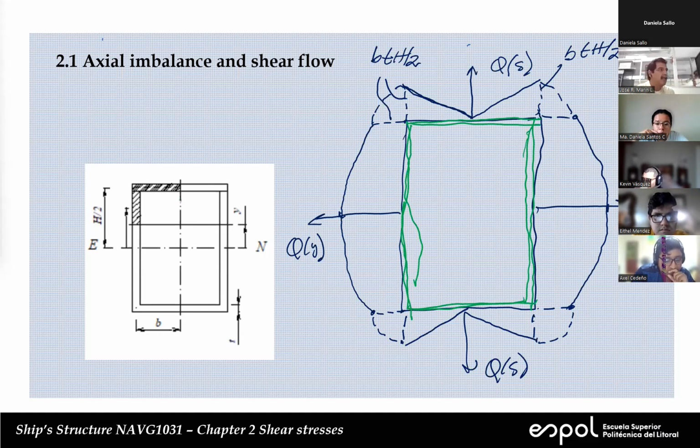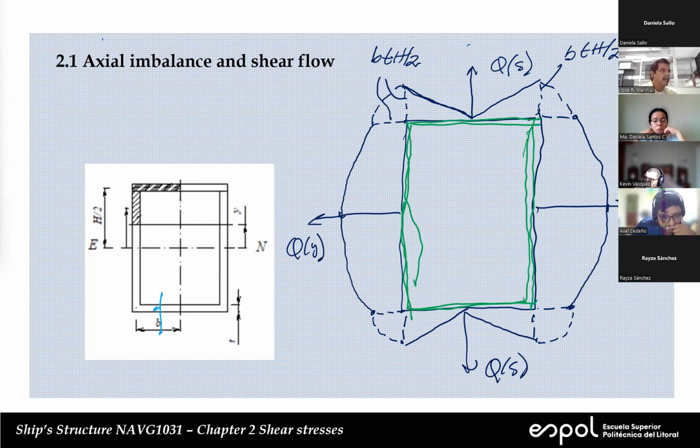Yeah, but if I make a cut here, let's consider a cut here. Let's change color just to be sure that, okay, let's make a cut here. So in this case, we have to consider all of this, and all of this. And you go on all the way. So up here is going to be B T H over 2. We integrate this.